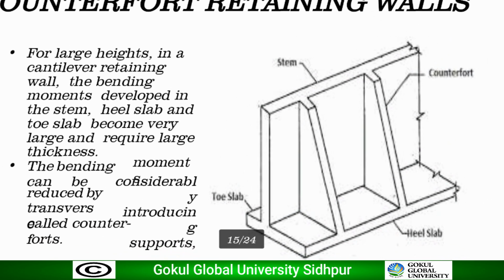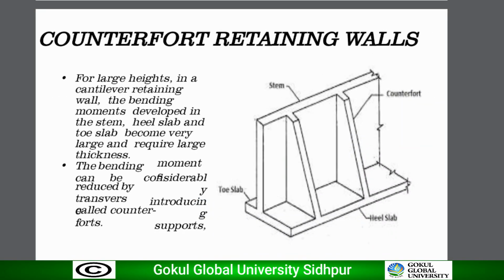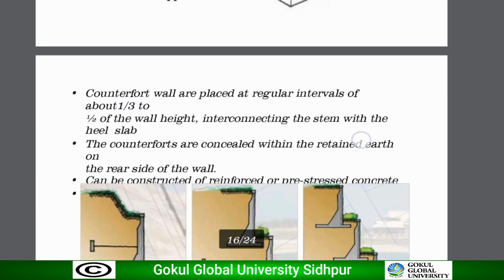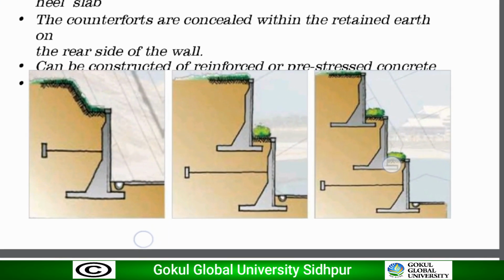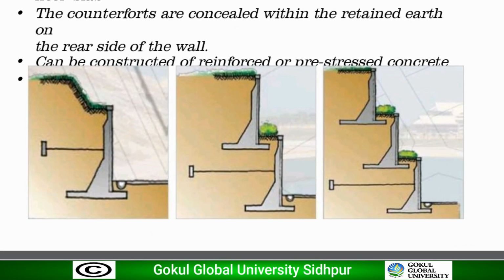The stability of the retaining wall is maintained by the weight of the earth on the base slab and its self weight. Counterfort retaining walls are economical for heights over about 6 meters. When there is a requirement of height above 6 meters, counterfort retaining walls are used. In the figure we can see counterfort retaining walls constructed at different sites.